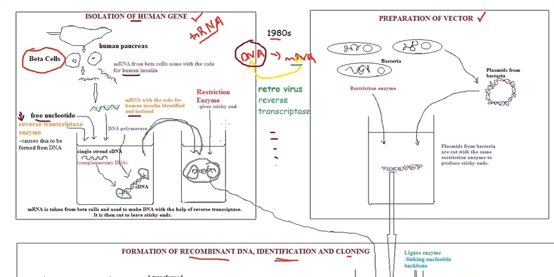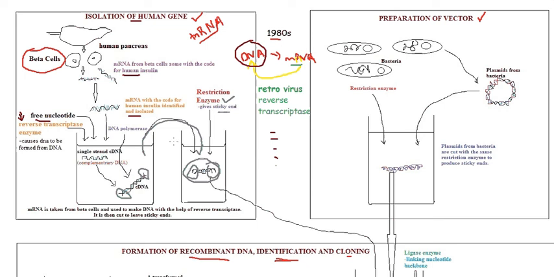So we use a restriction enzyme to cut at the points in the corners, so that we get sticky ends. Sticky ends means a region which can combine. We will need this for the next process, where we will be joining this DNA to a plasmid. So we will need a sticky end.